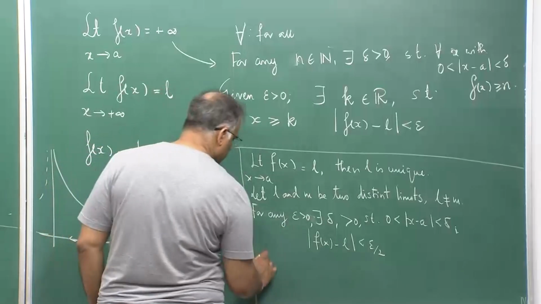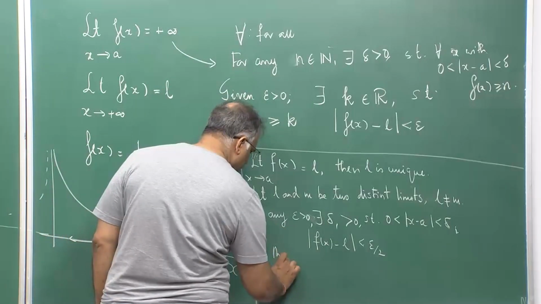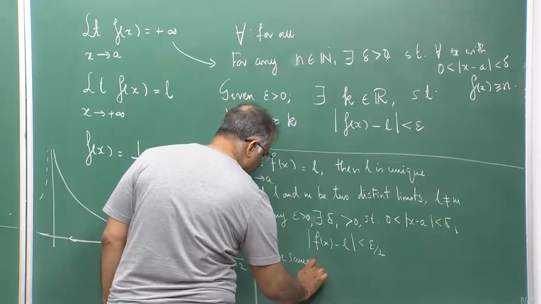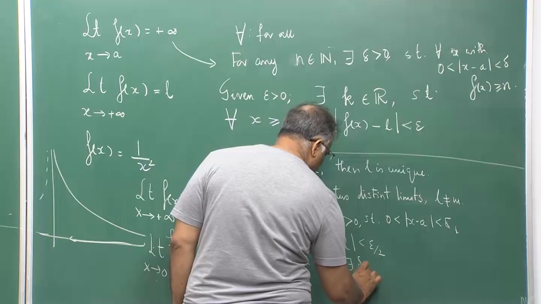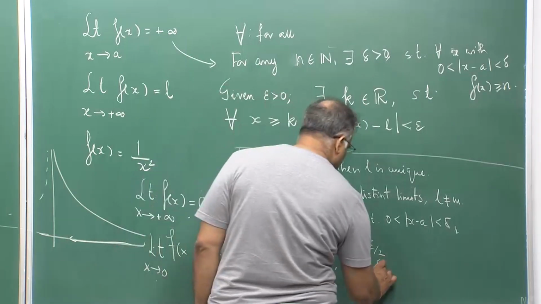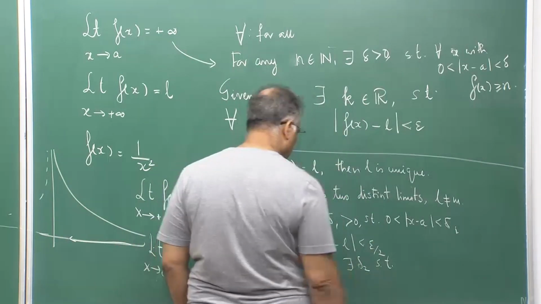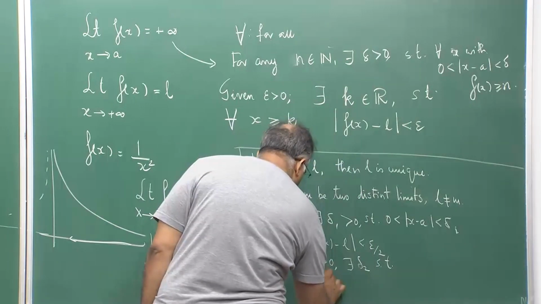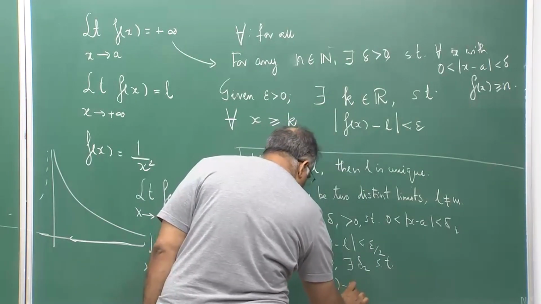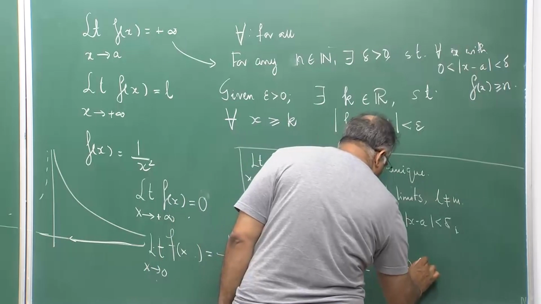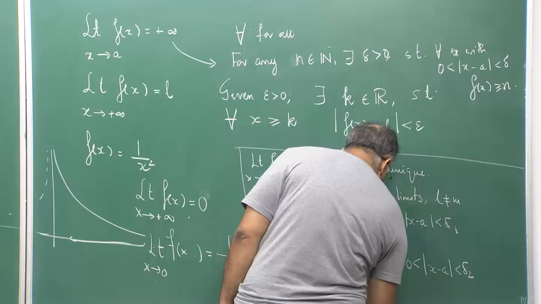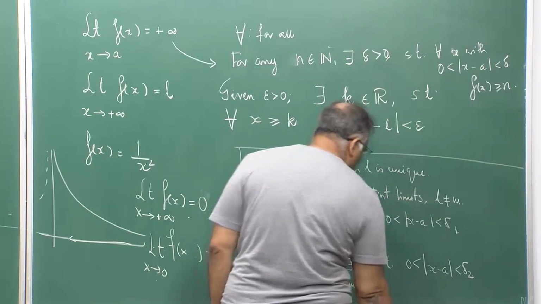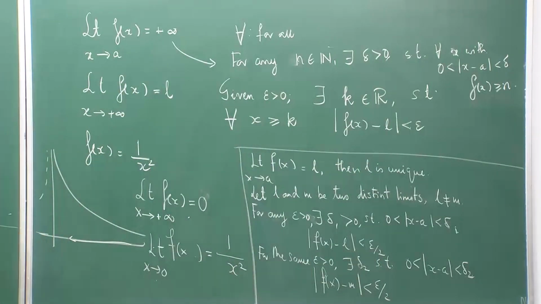Similarly, for the same epsilon, there exists delta 2 such that |f(x) minus M|, the other limit, such that whenever x is in this range, this holds. So you simply blindly applied this definition here.